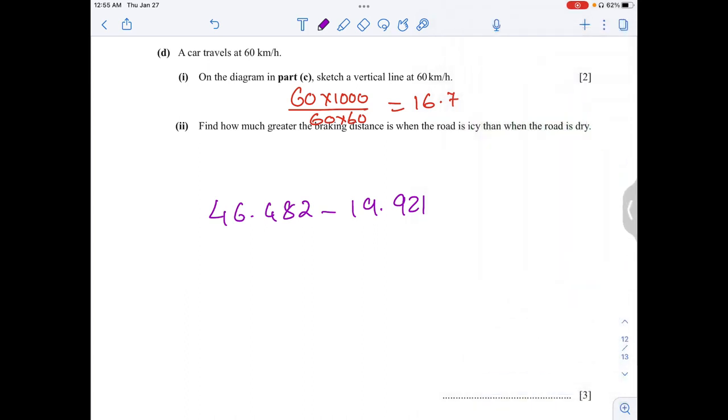So three significant figures, I'm going to write 26.6.